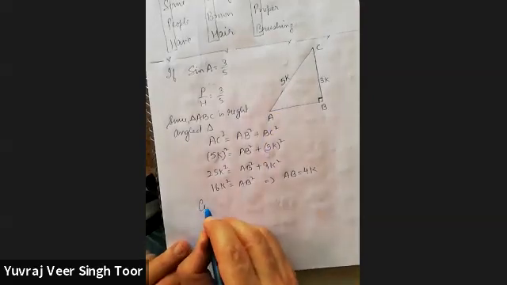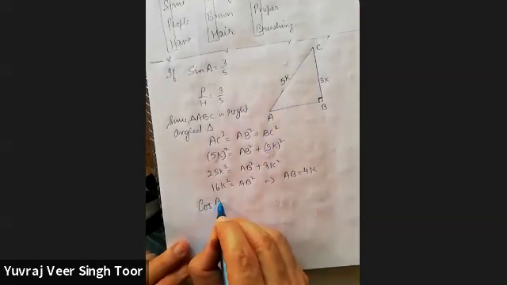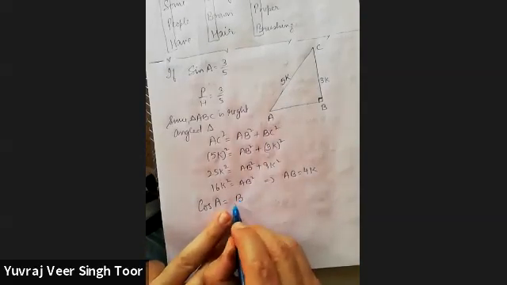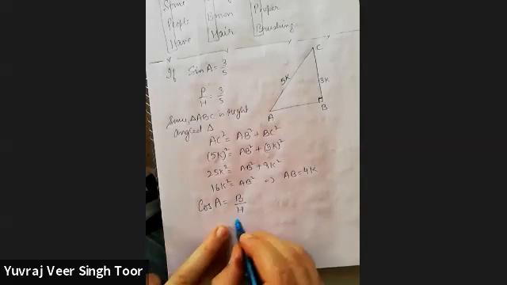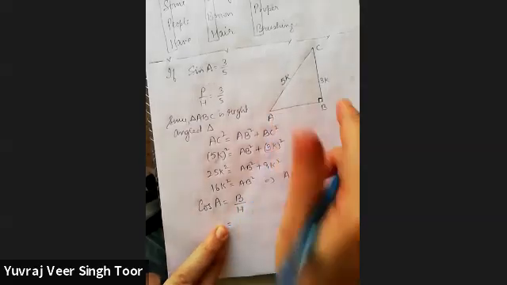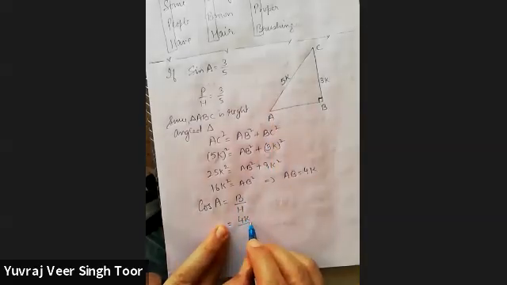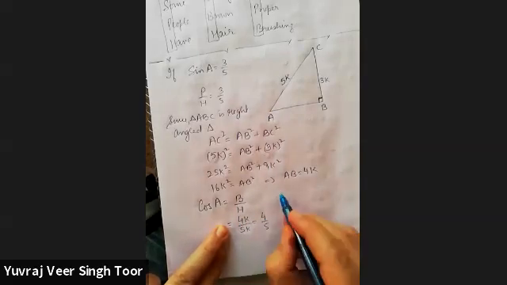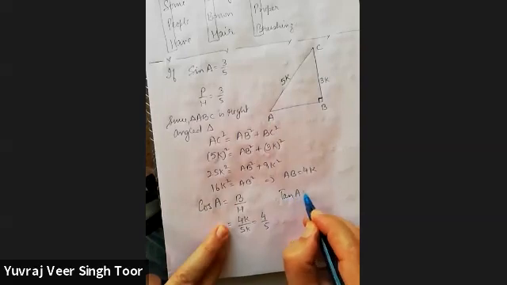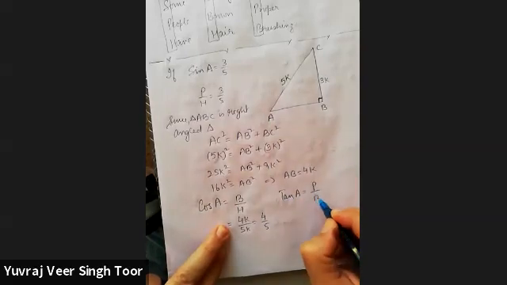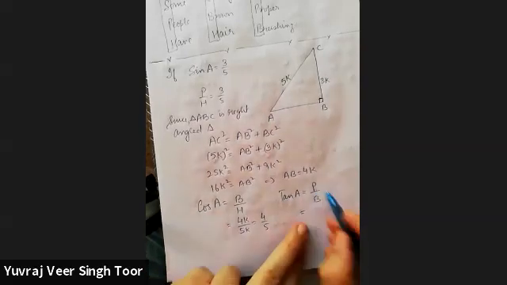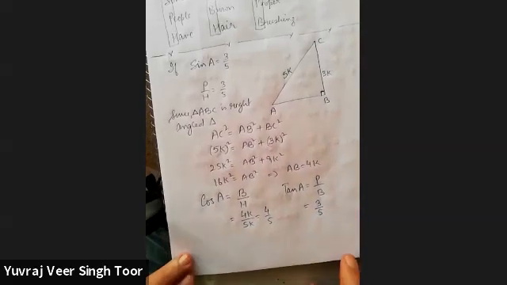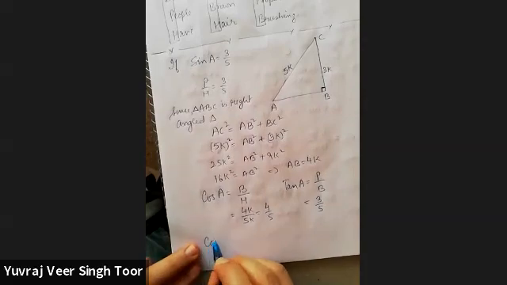Now if you want to calculate other ratios, let us say cos of A, the ratio is base upon hypotenuse. The base is AB. You will write 4K upon 5K. Finally, it is 4 by 5. Tan of A, P by B, is 3 by 4. The K factor is now removed. Now what about cosec A?